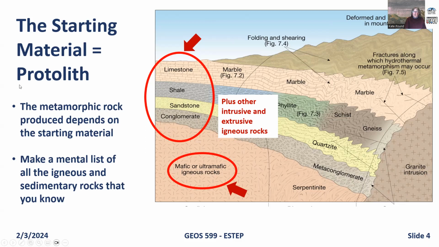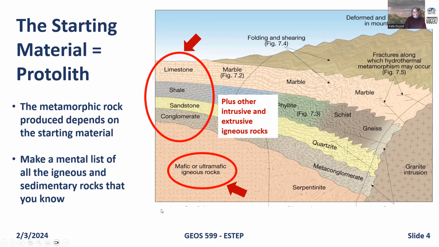It'll be the protolith. And that's going to control the type of metamorphic rock that gets made. So just here, make a mental list of all the igneous and sedimentary rocks you know. What has the potential to be metamorphosed?